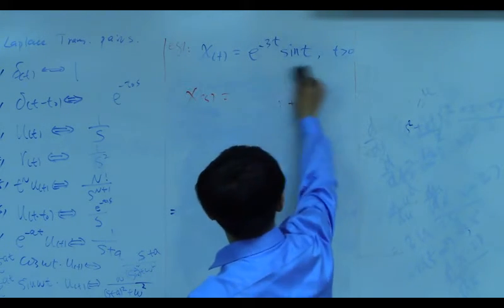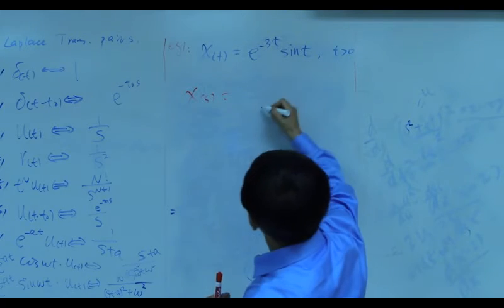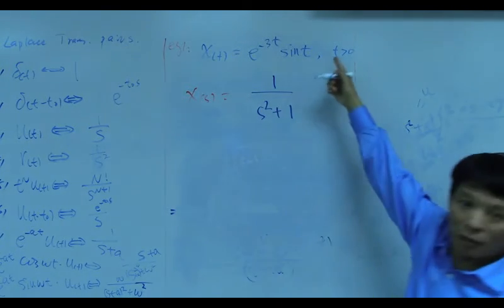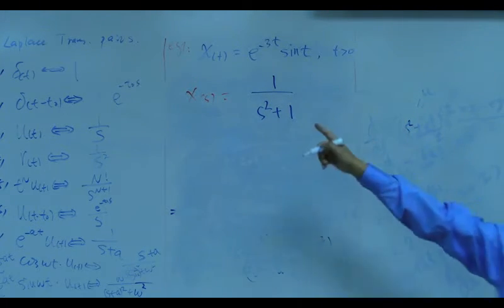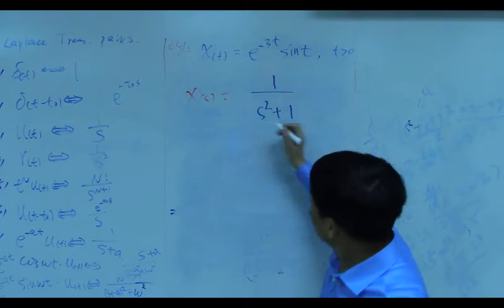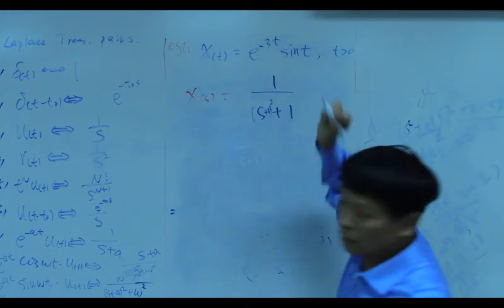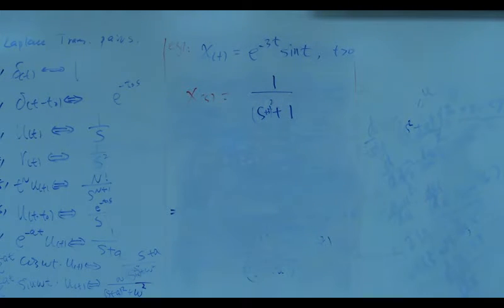So you only consider this part, 1 over s squared plus 1, like this. This is only for sin t. And times this one, you just replace this s with s plus 3. That's all. You multiply by this s, something like take the differentiation.